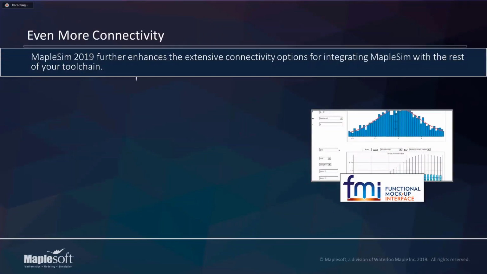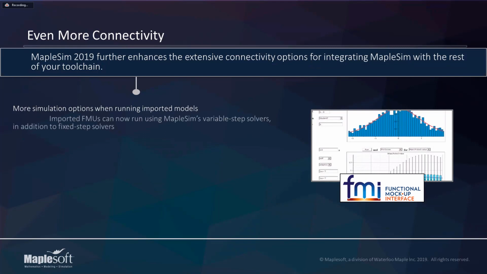In terms of more connectivity, MapleSim 2019 further enhances the extensive connectivity options for integrating MapleSim with the rest of your toolchain. We have more simulation options when running imported models. One of the main ones is that FMUs, or functional mockup units, can now run using MapleSim's variable step solvers in addition to the fixed step solvers.